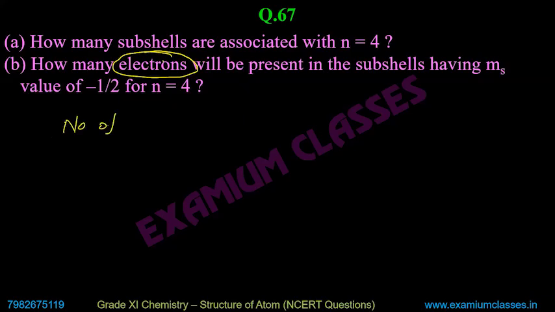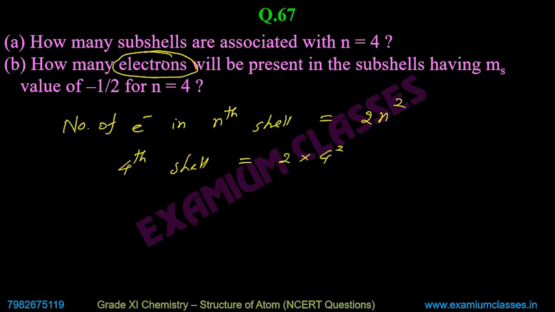The number of electrons in the nth shell is 2n square. In the fourth shell, the total number of electrons will be 2 into 4 square, 16 into 2, that is 32. Then electrons with minus half spin will be just half. 32 by 2 is 16.